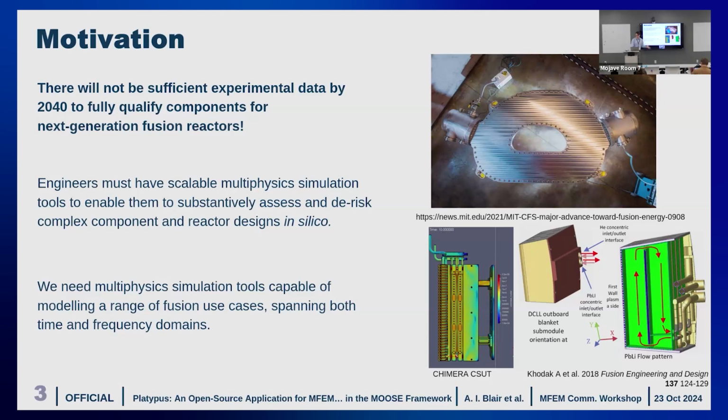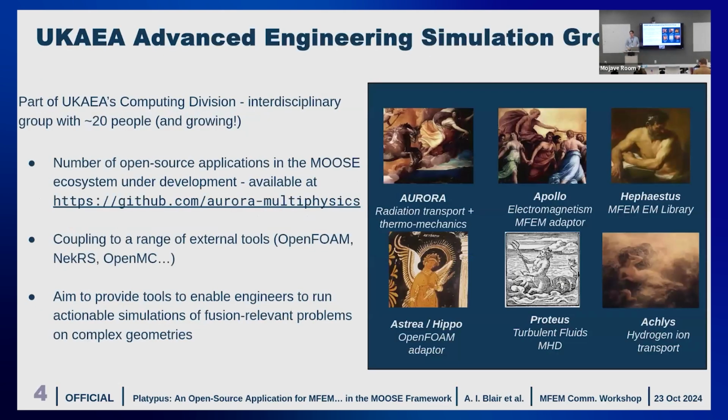So we need to provide tools that our engineers can use. UKAEA is a broad church, but in the group I'm part of, the Advanced Engineering Simulation Group, I work under Andy Davis, where we are currently around 20 people or so, and growing.